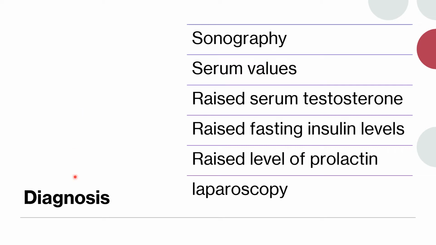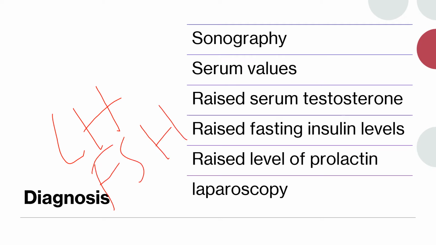LH, luteinizing hormone, is elevated, and also FSH, follicle stimulating hormone, the ratio is disturbed, like 3:1. 3:1 can be seen.